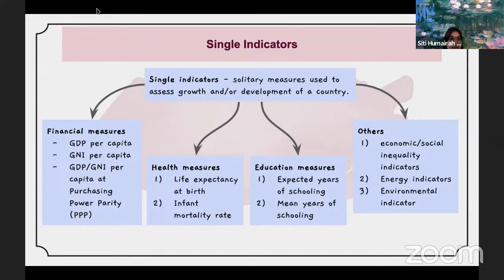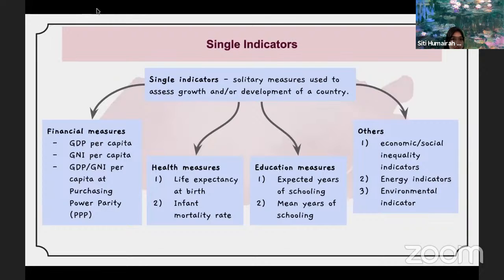There are three or more types of single indicators. Number one is financial measures. This is when we measure economic development using financial measures. Examples are GDP per capita, GNI per capita, or GDP or GNI per capita at purchasing power parity. The second type of indicator is measuring health.